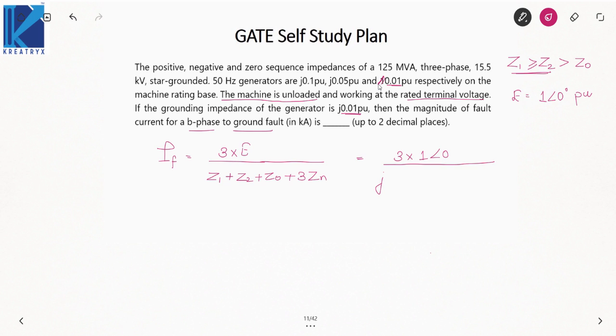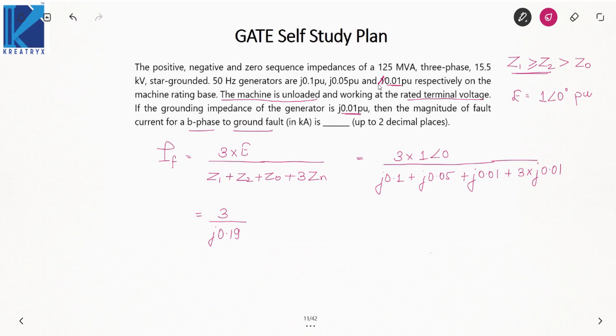Now I will substitute the values: plus j0.01 plus 3 times j0.01. So how much will it become? 3 divided by j0.19.